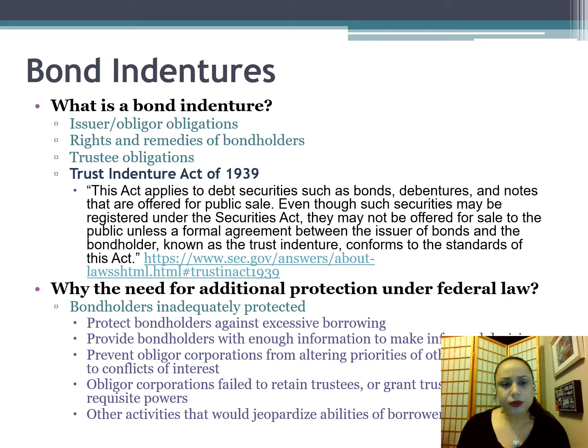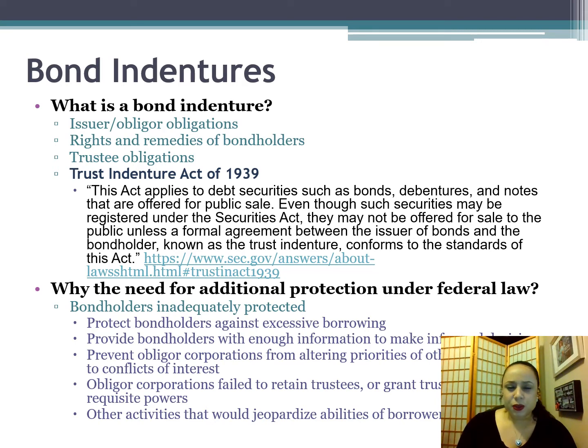So, why the need for this additional law? As you saw in your reading, there were various studies that found that bondholders were not sufficiently protected. There were scenarios where the issuers were engaged in excessive borrowing. There were scenarios where the bondholders didn't receive enough information with respect to the rights and obligations attaching to the contract.